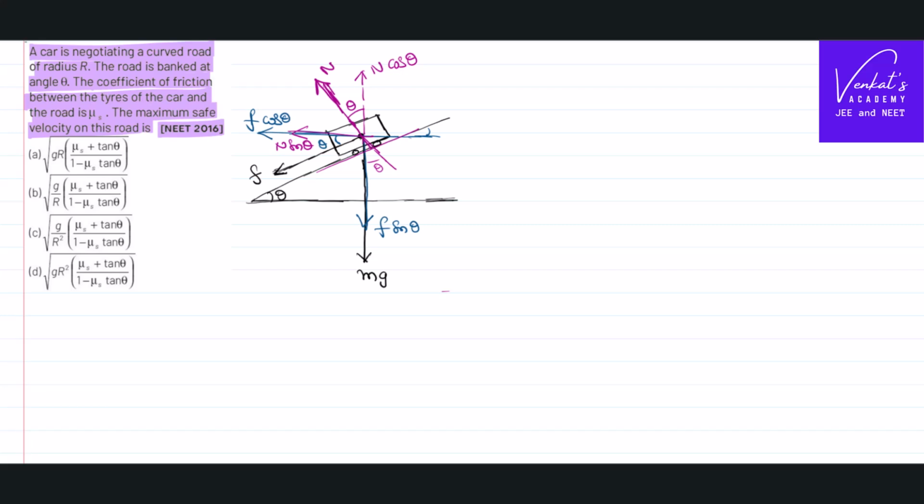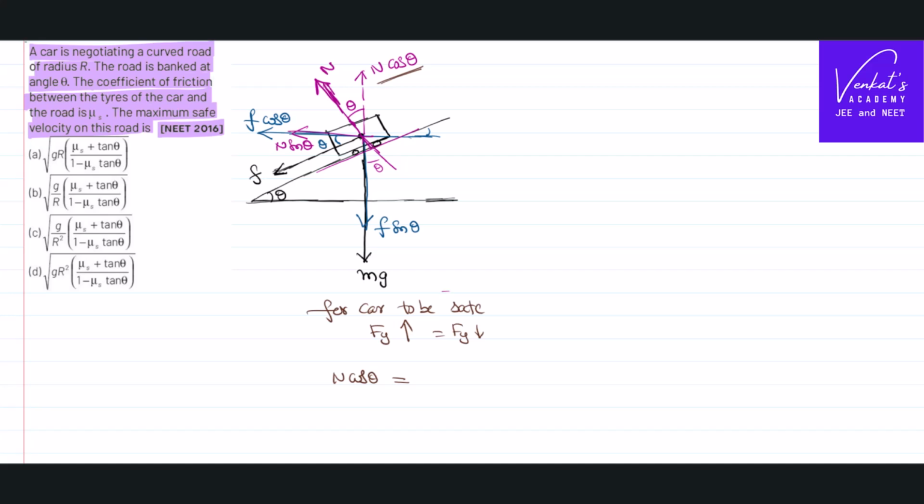For the car to be safe, it shall be in equilibrium. Fy upward must equal Fy downward. What is the force acting in the upward direction? It is N cos theta.